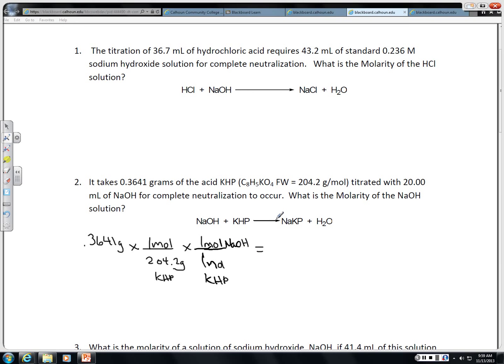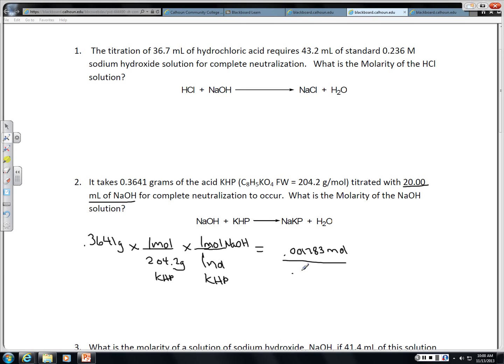So we stop here and we find moles of NaOH. It should be 0.00173, I believe, moles. Molarity is equal to moles over liters. So we go back and we see that we have 20 milliliters of NaOH, so we convert that to liters.